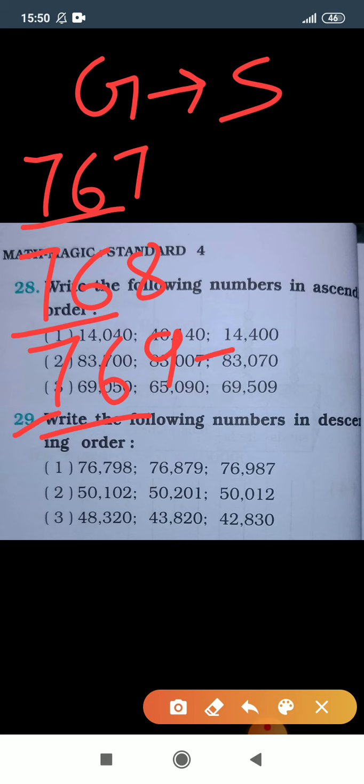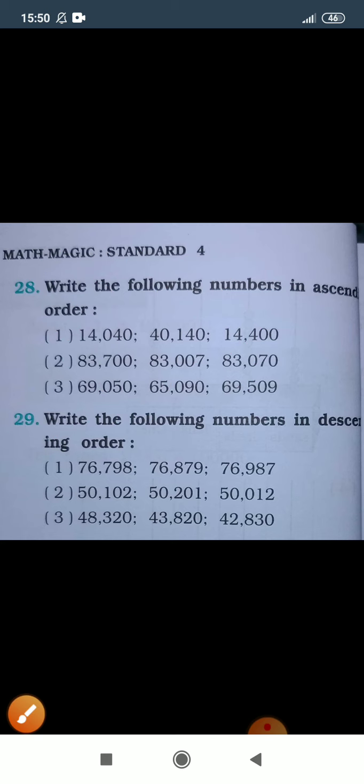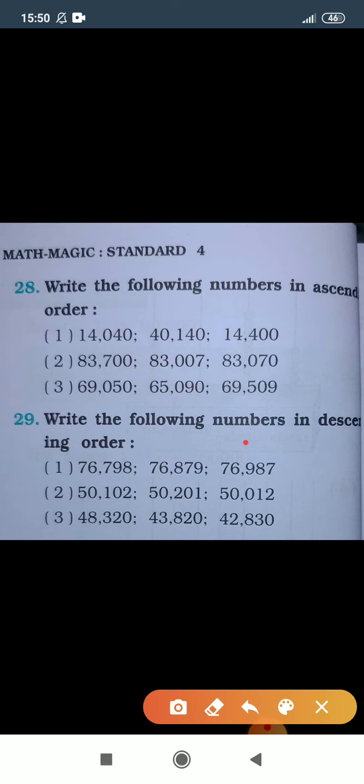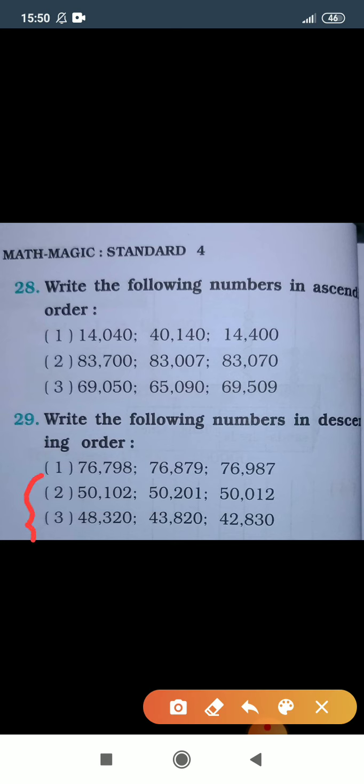Which one is the greatest? 9. So this comes in first position. After that 8, that means this is second, and 7 is very small, so it will come in third position. So as per this you can solve this like first, second and third. This is the descending order of this question. These two you are going to write in your homework.